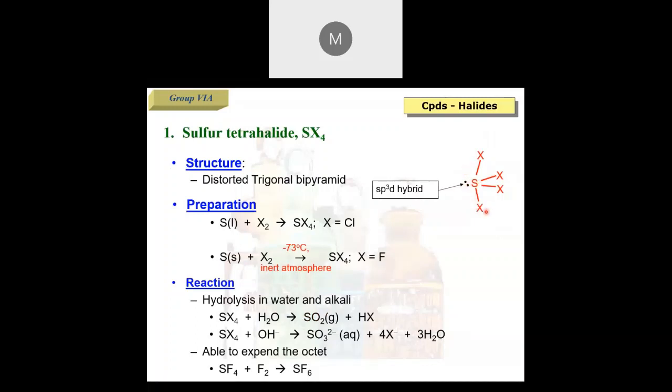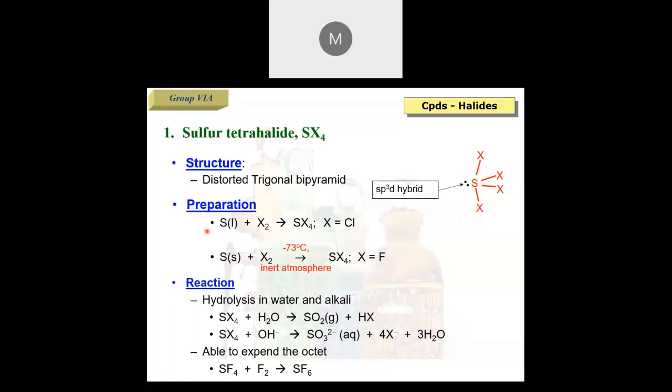But it's a distorted one, as we know from VSEPR theory, the lone pair of electrons has stronger repulsion with the bonded electrons as compared to the repulsion between the bonded electrons. So it will push away all the other bonded electrons to form a distorted trigonal bipyramid.